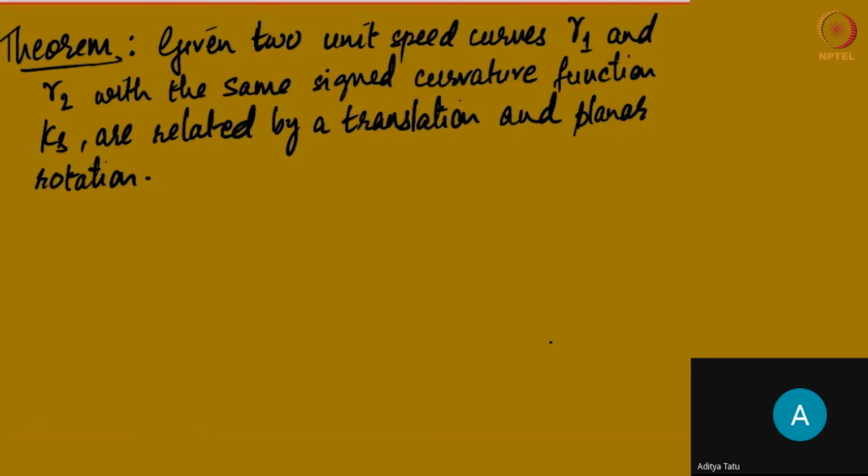Given two unit speed curves, gamma 1 and gamma 2, let us say they have the same signed curvature function. Call it kappa s. The question that this theorem tries to address is, if I give you two curves which have the same signed curvature function, can the curves be different?